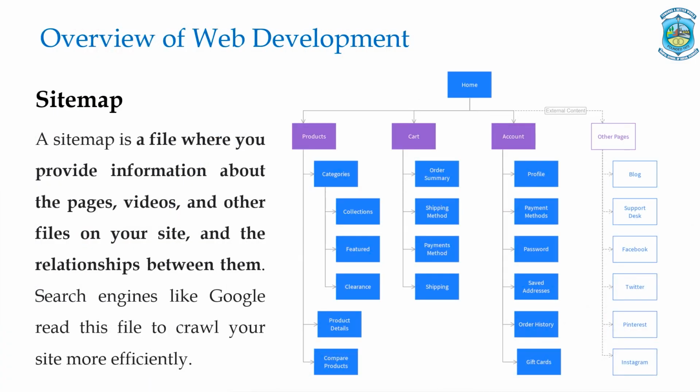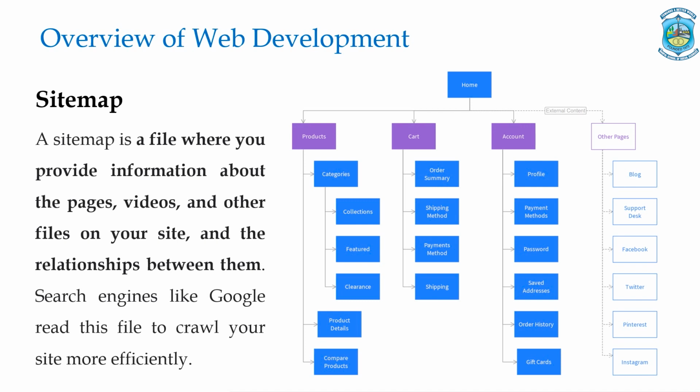Now, let us know about the sitemap. A sitemap is a file where you provide information about the pages, videos and other files. It actually gives the complete structure of your website.